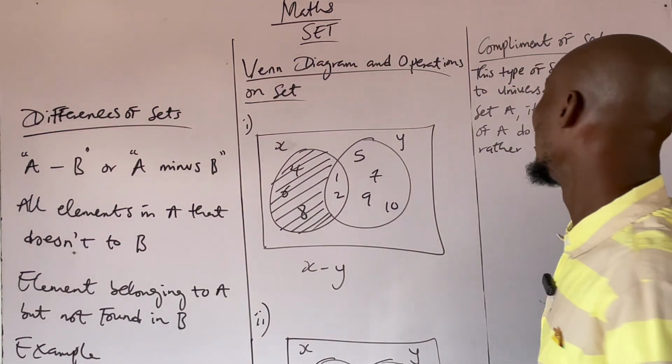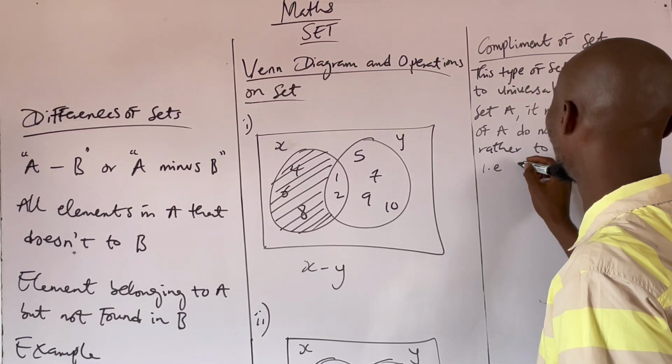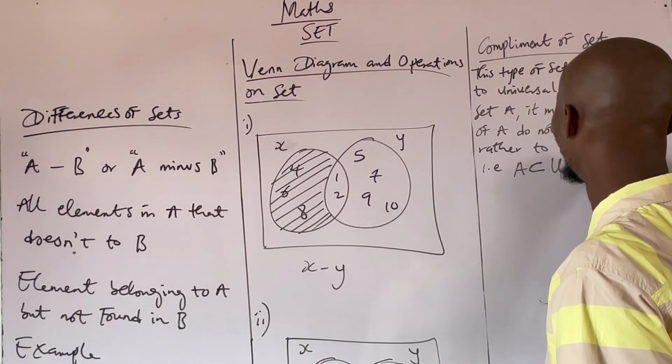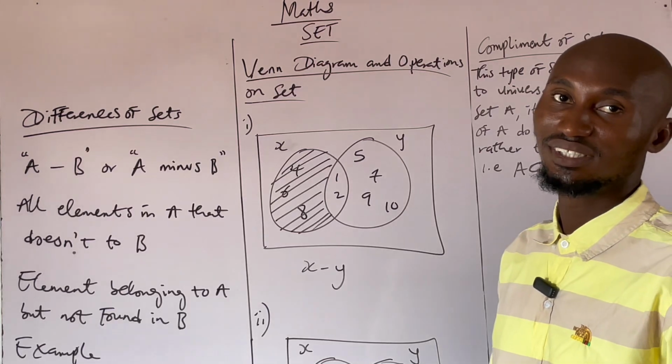Did you get it? So that is to say U contains A. Did you understand now?